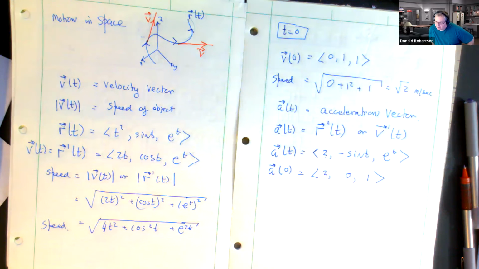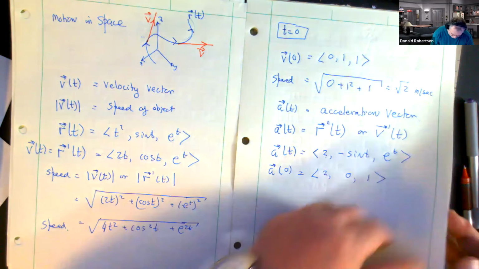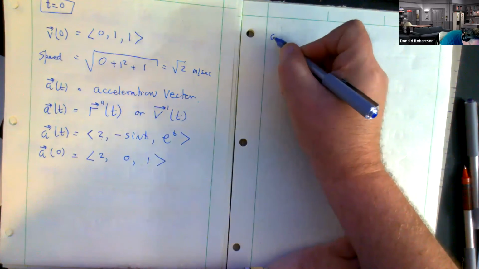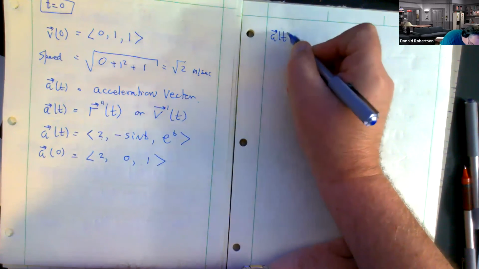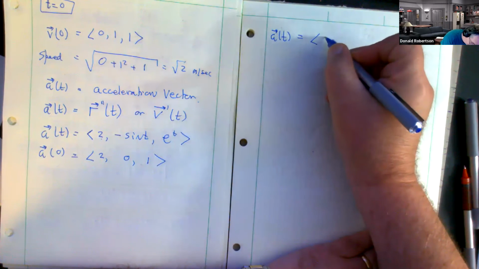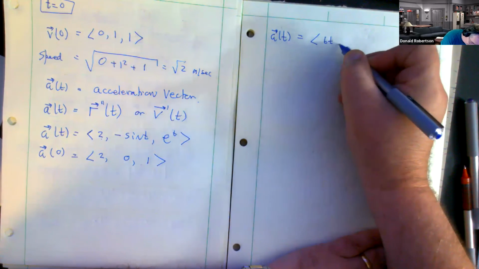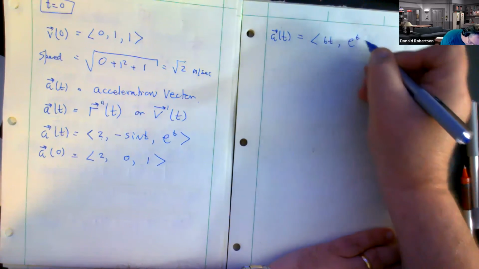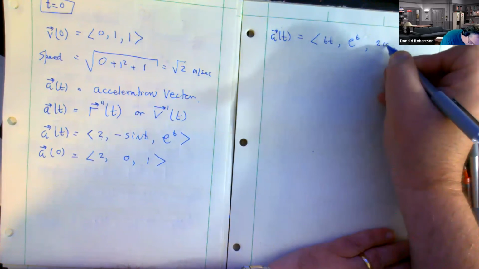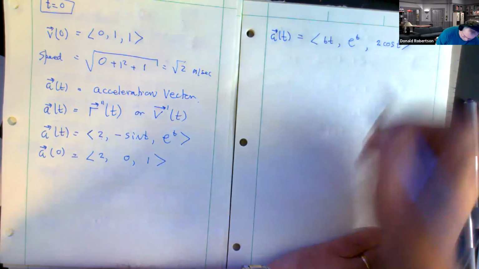So far, so good. Now you can undo that process. So this is a different object moving. So you may have the acceleration is 6t, e to the t, 2 cosine t.